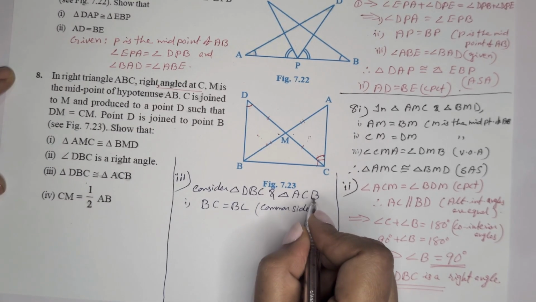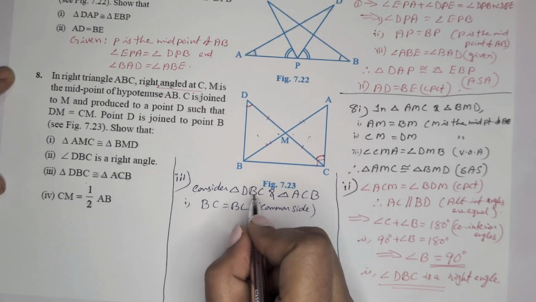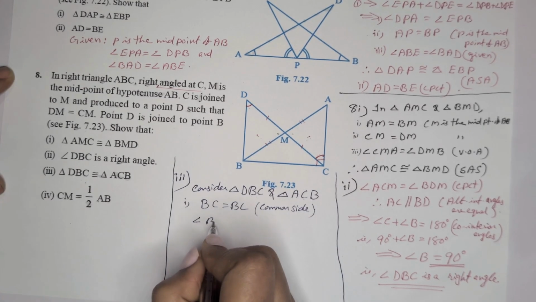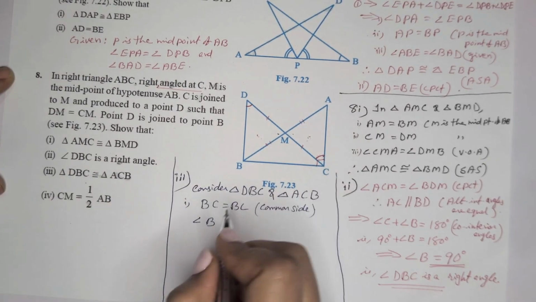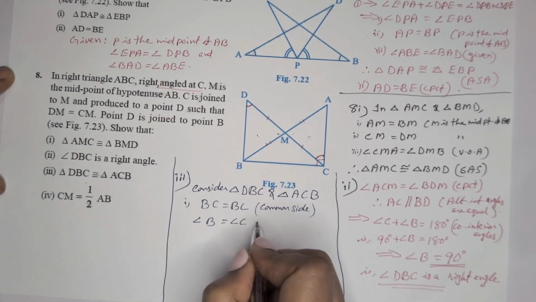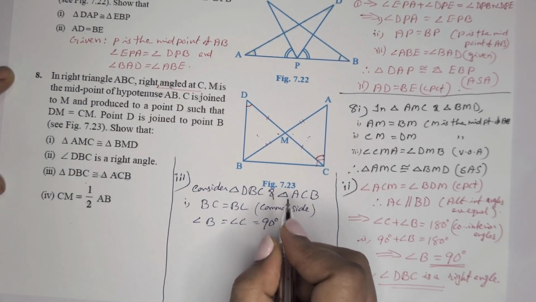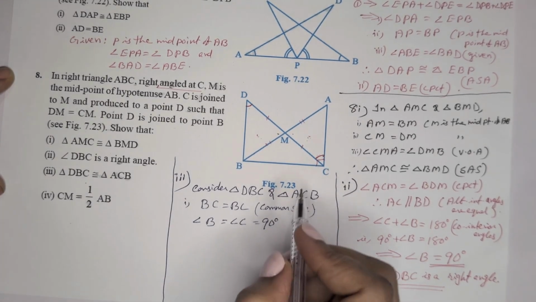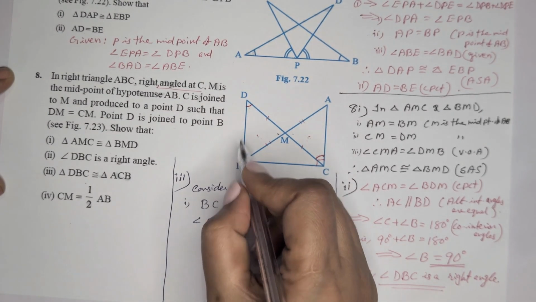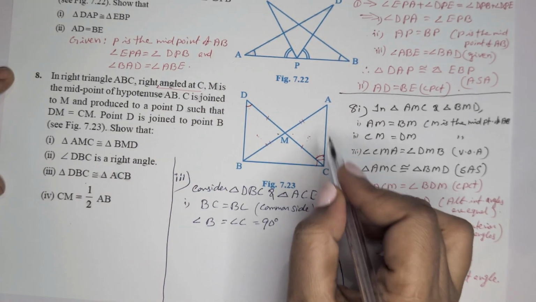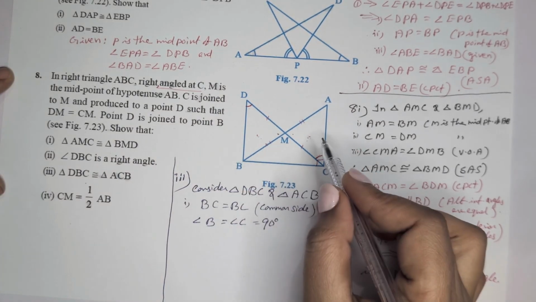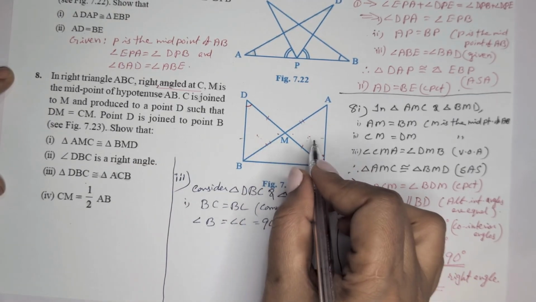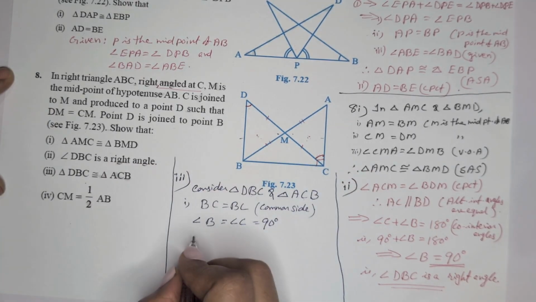Then angle B is equal to angle C. Angle B, this angle is equal to angle C. Angle C is equal to 90 degrees. Now we proved that here. Then third part here, BD is equal to AC. These two sides are equal by CPCT of the first proof.